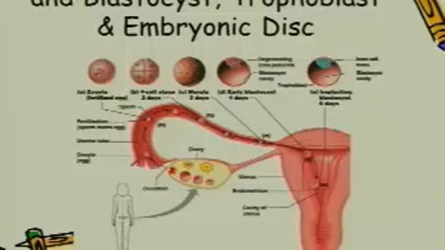What the trophoblast contributes to is the embryonic membranes, so the amnion and part of the placenta. The inner cell mass is going to turn into the embryo. Those little clumps of cells will start to divide, and at some magical moment, the genes will be turned on in those cells to become every single different type of cell in your body. So, trophoblast and embryonic disc.